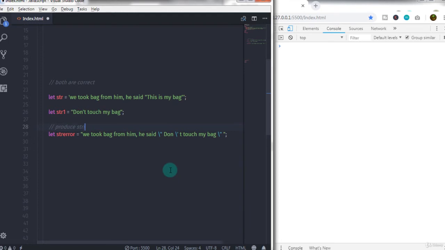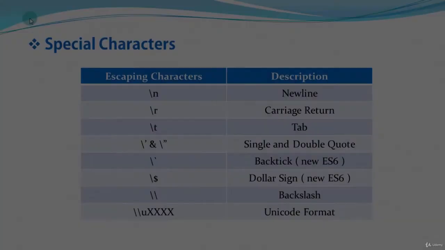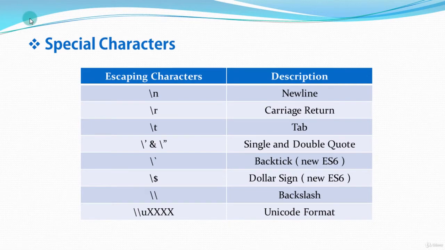The backslash is not only used for the quotation mark, but it can also be used for non-printable characters. Following are the string literals commonly used for special characters. Backslash n is used to display text on a new line, backslash r is used for carriage return, backslash t for tab, backslash single quote is for a single quote, backslash double quote is for double quotes, and backslash backtick is used for a backtick.